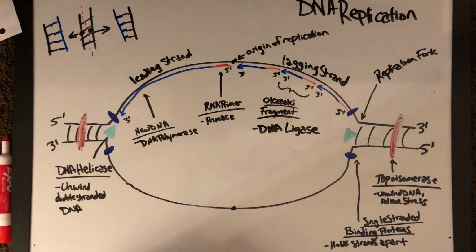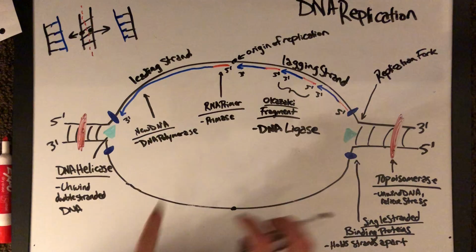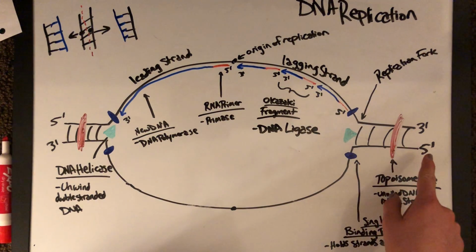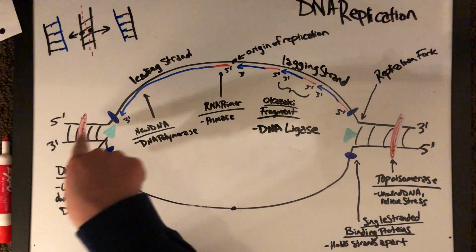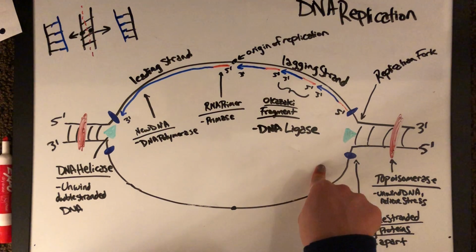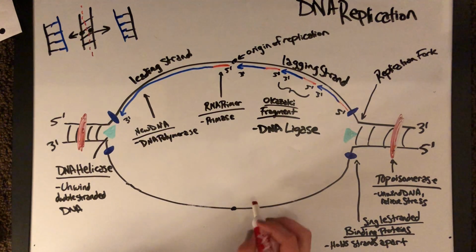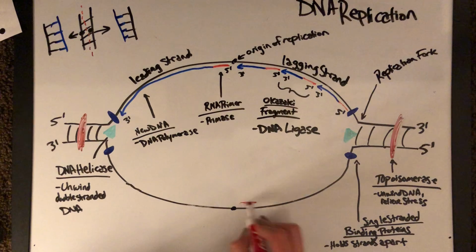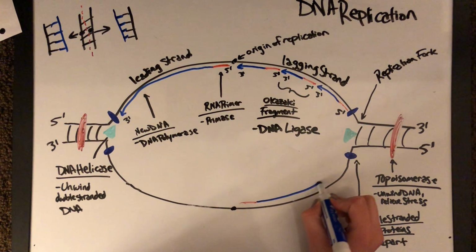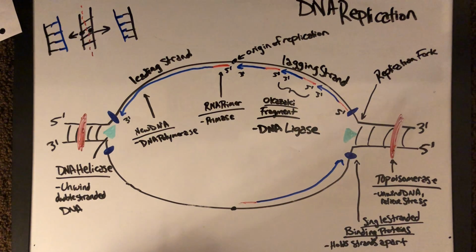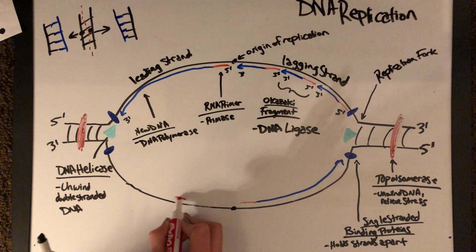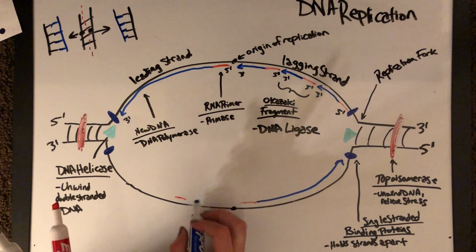Cool. So everything is going to happen just like it did up here, down here, except opposite, because now this old strand, the 5' to 3' is in this way, so we need to replicate this way overall. So this would be our leading strand over here. And then our lagging strand would be on this side.